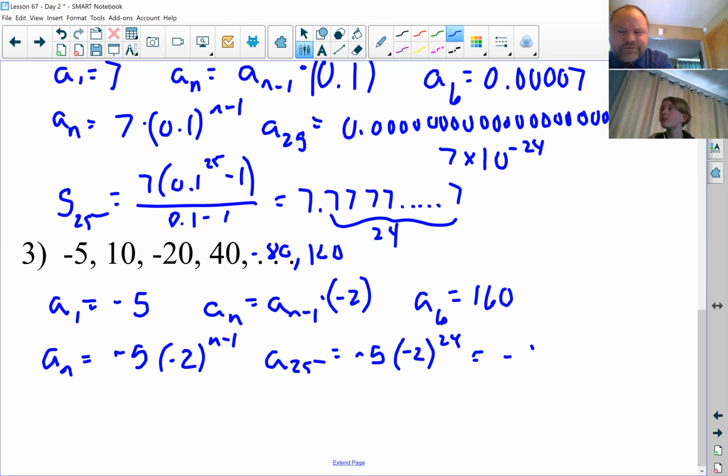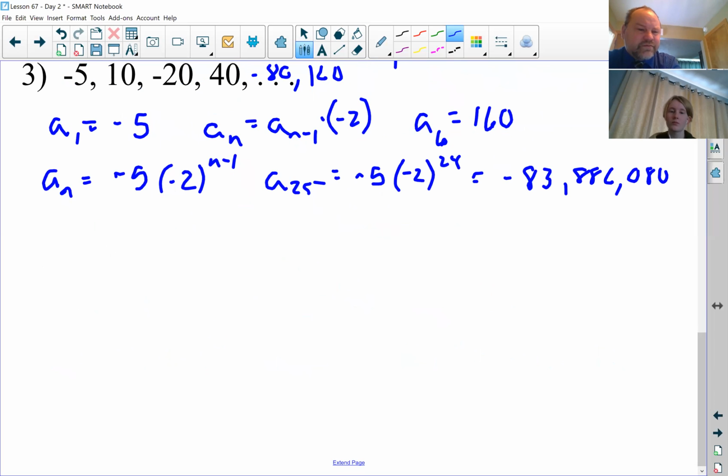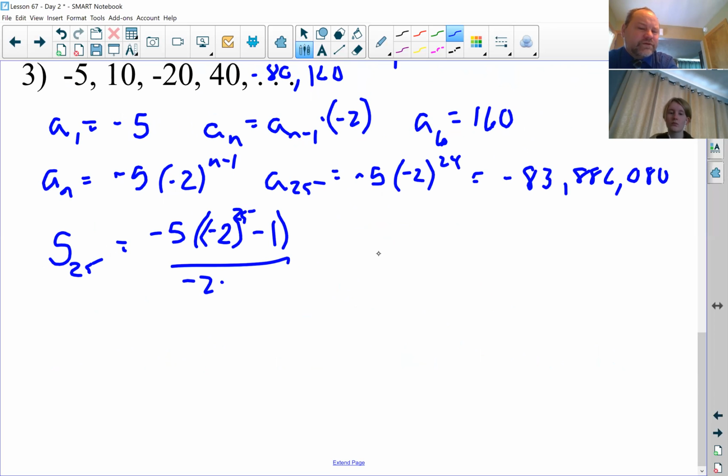And the 25th term is -83,886,080. And our sum of the first 25 terms is -5 times -2 to the 25th minus 1, over -2 minus 1.